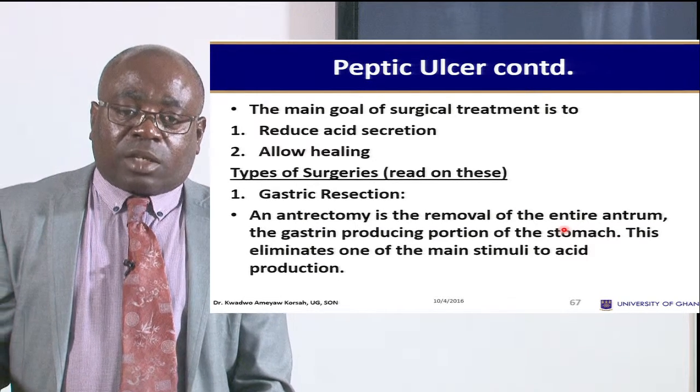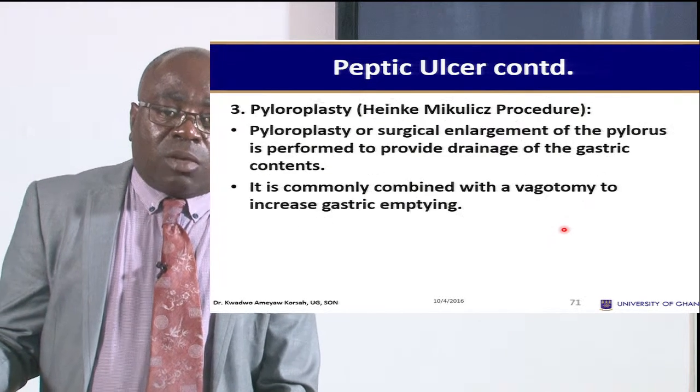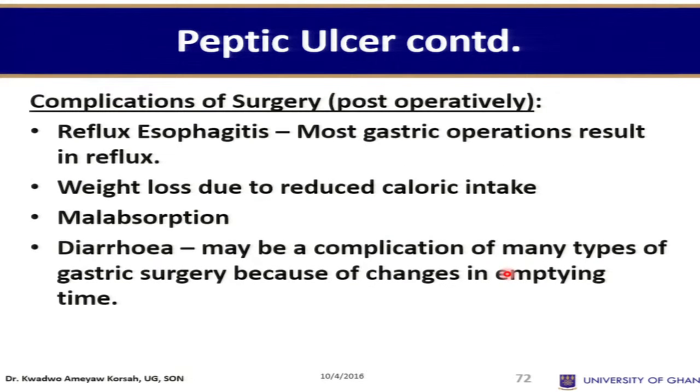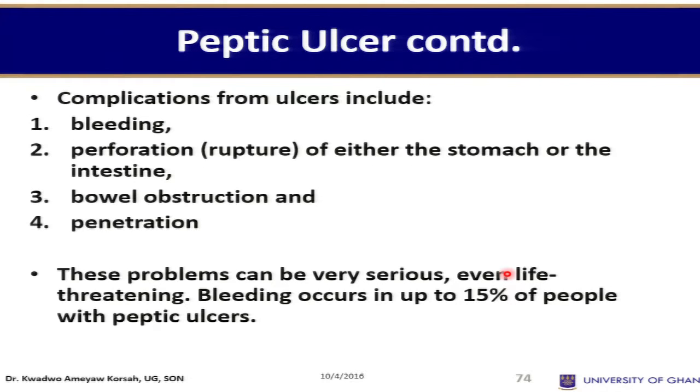So we have gastric resection, vagotomy, and then pyloroplasty. And then the complications of the surgery, we have reflux esophagitis, which is likely to occur, and other post-operative ones. And then prognosis and complications are also there.